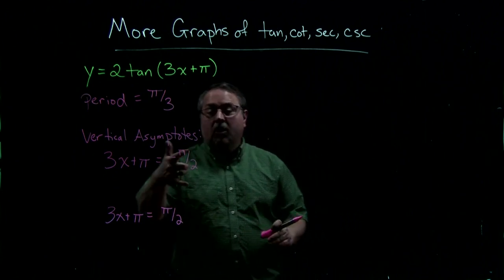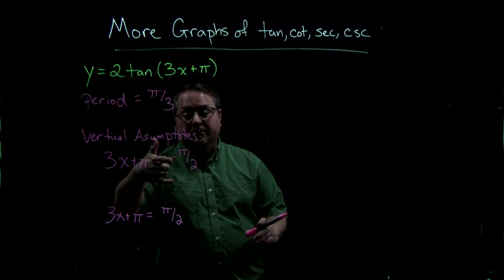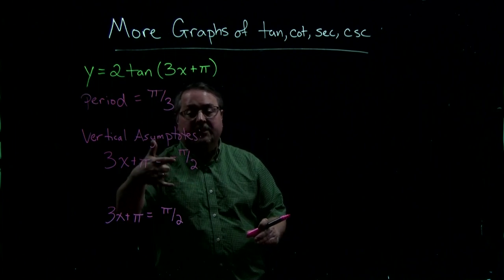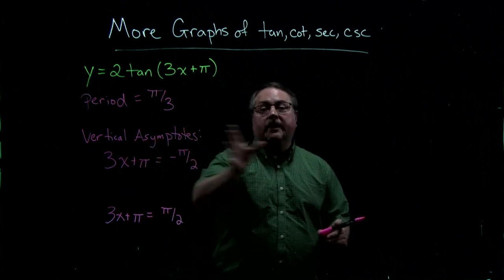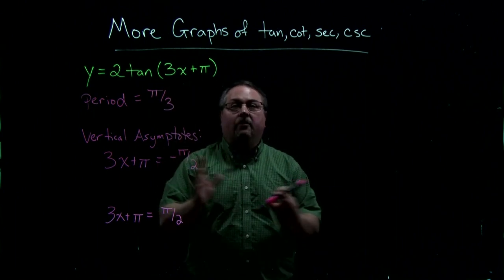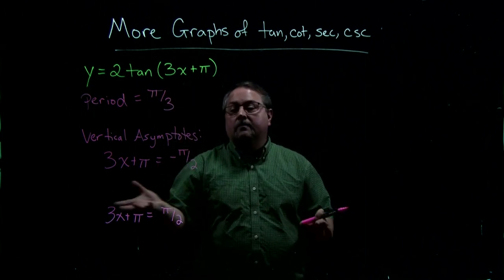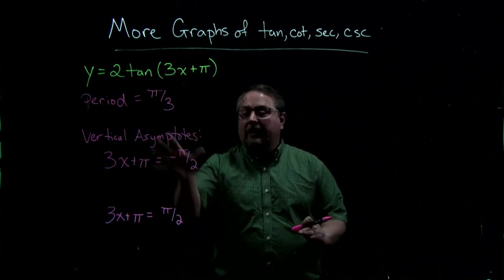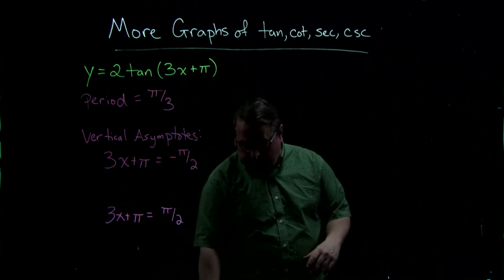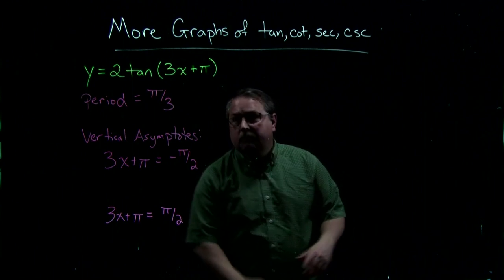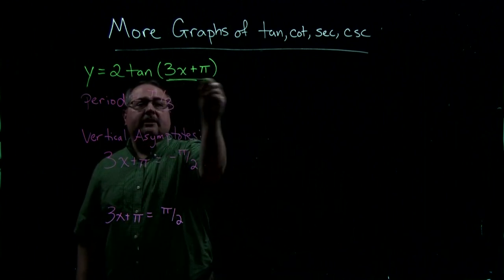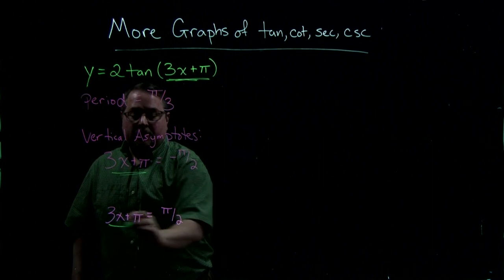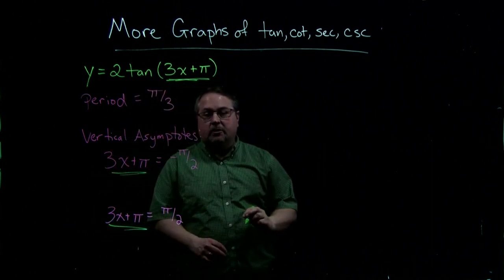These are where the vertical asymptotes that would ordinarily be at plus and minus pi over 2 get shifted. Because of the horizontal scalings and translations, these two vertical asymptotes are going to shift somewhere else, and these equations will tell us where. So we just take whatever is inside the tangent and set it equal to plus or minus pi over 2.